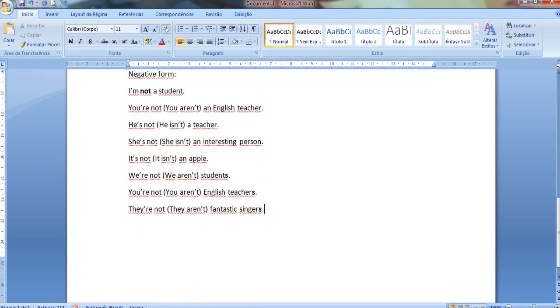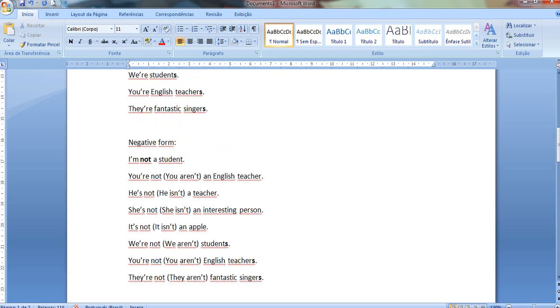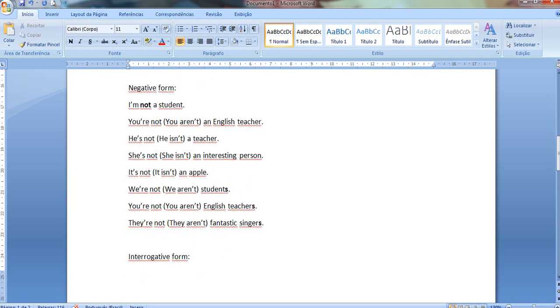And the last part, how to use all of them in interrogative form. Okay, in that form we have only to change the place of verb be, and the verb be goes before the personal pronouns.